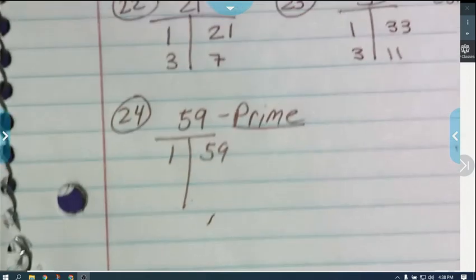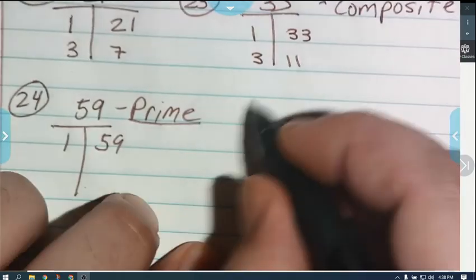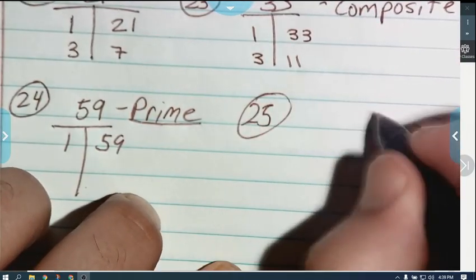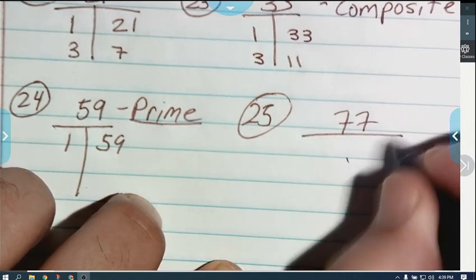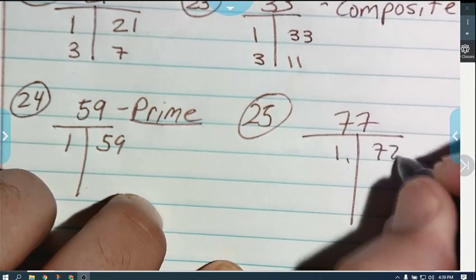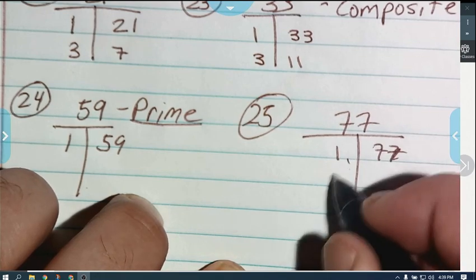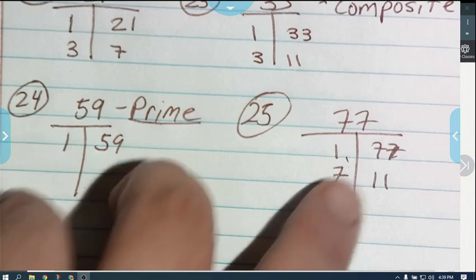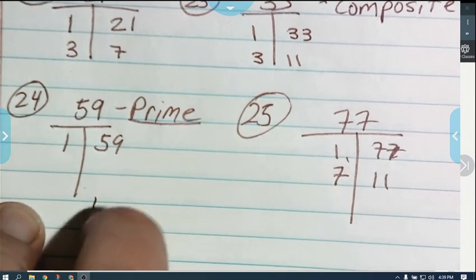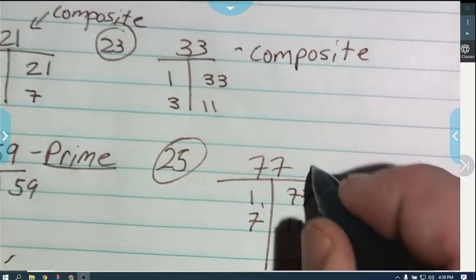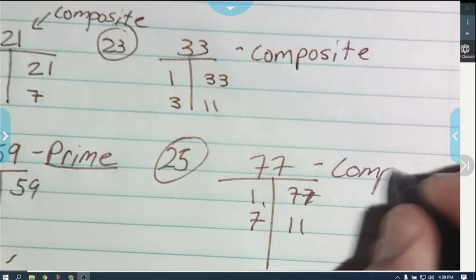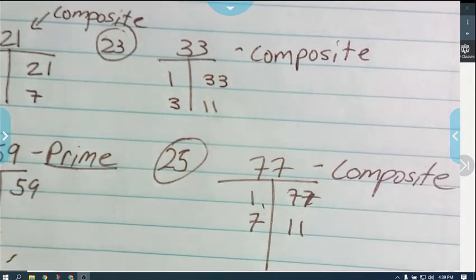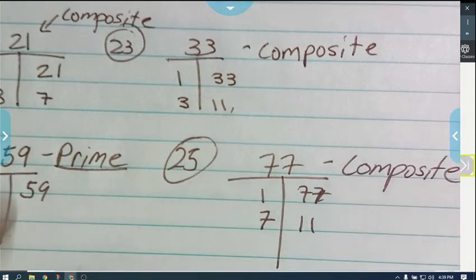All right, next one, 77. So it's got at least 4 unique factors here. And yes, it's a composite. Yep, composite. Let's see what's up next.